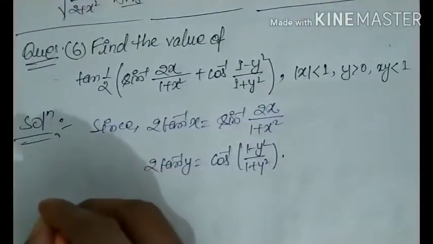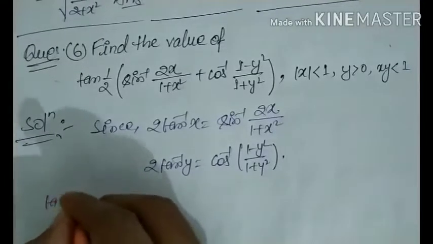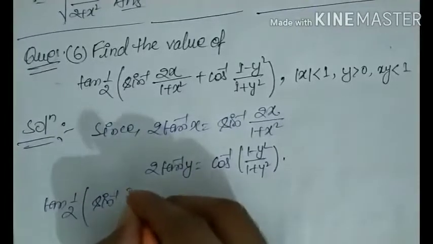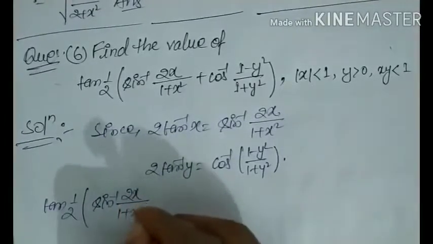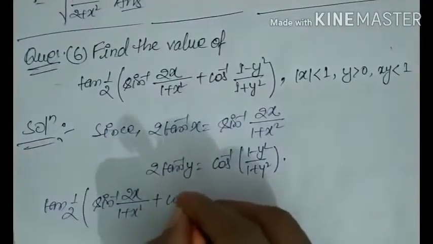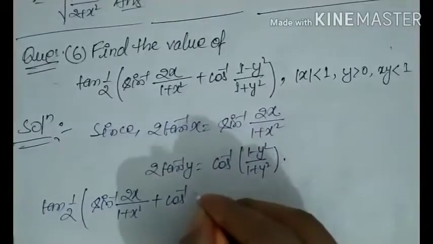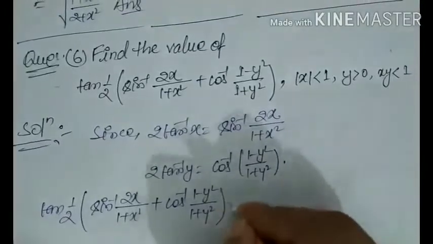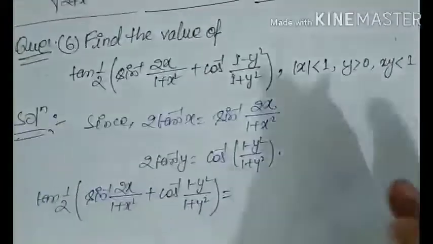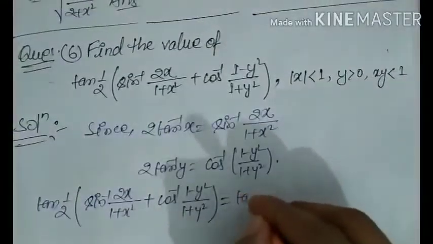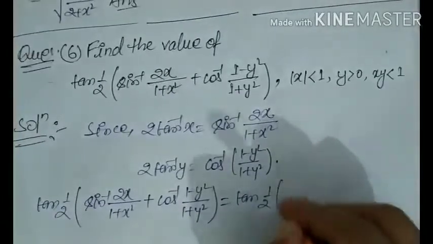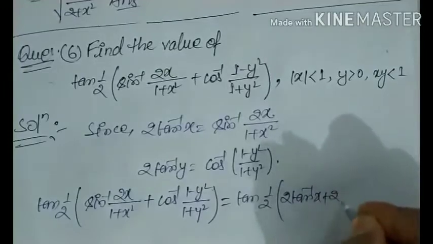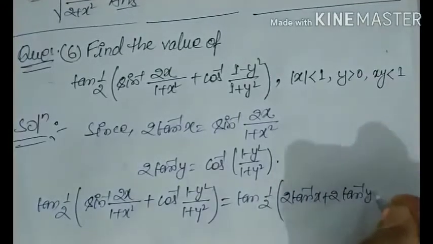Hence, the question will become tan of 1 by 2 sine inverse 2x upon 1 plus x square plus cos inverse 1 minus y square upon 1 plus y square, which is equal to tan of 1 by 2 of 2 tan inverse x plus 2 tan inverse y.